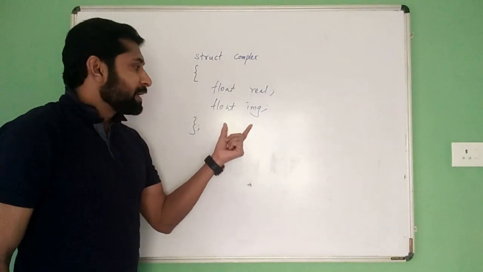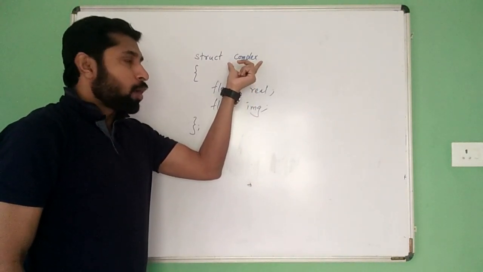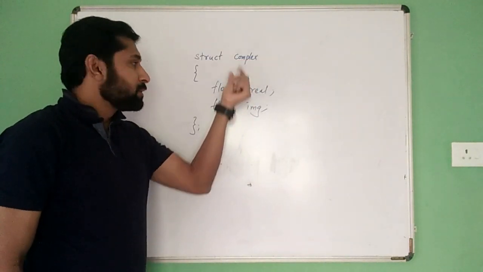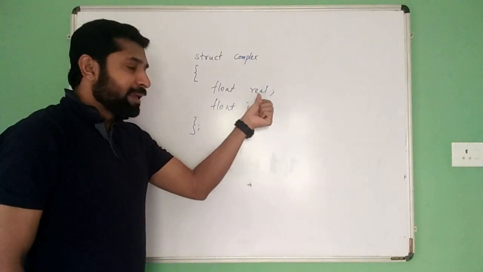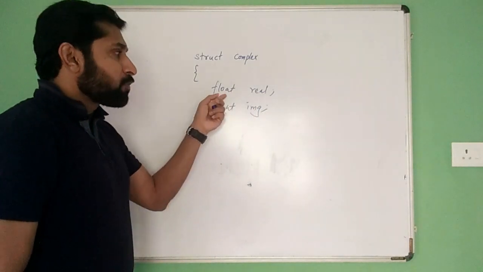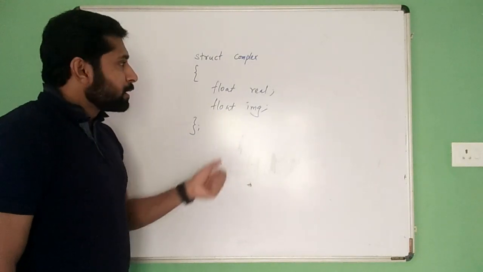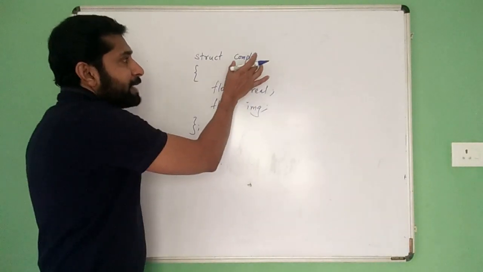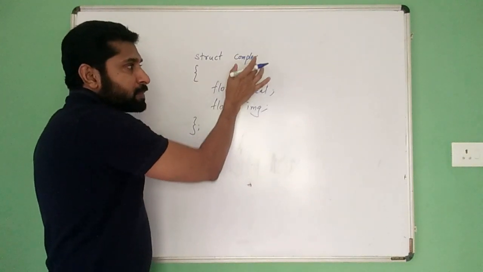This will create a structure named complex. This complex structure has two elements or two members named real and img. The type of this real is float. Again, the type of this img is float. Now we can create variables of this type complex.